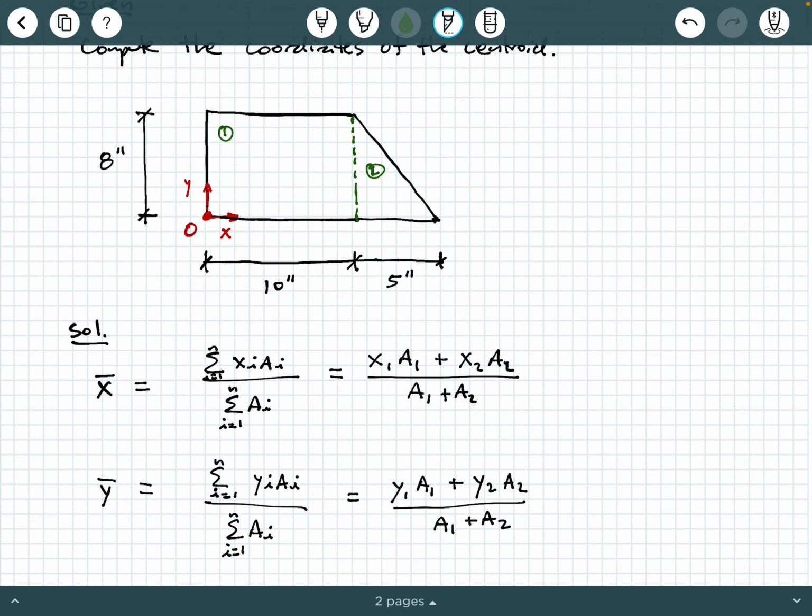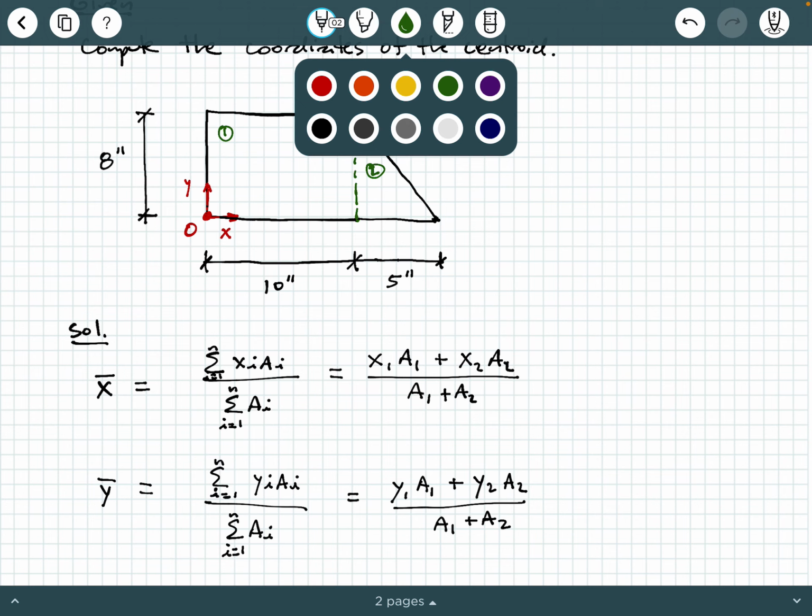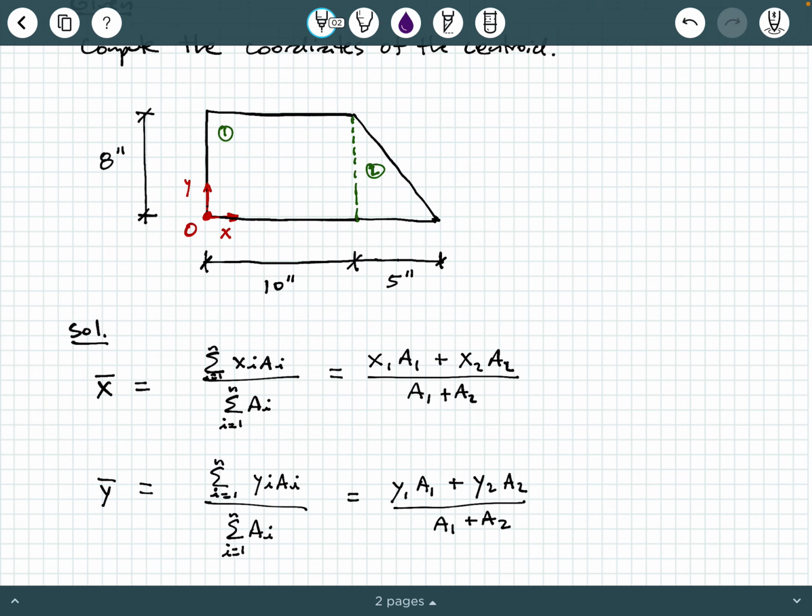So let's start with shape 1. Shape 1 has an x coordinate that is right in the middle of itself, referenced from this origin here. So x1 is going to be this distance right here. For a rectangle, its centroidal coordinates are right in the middle.